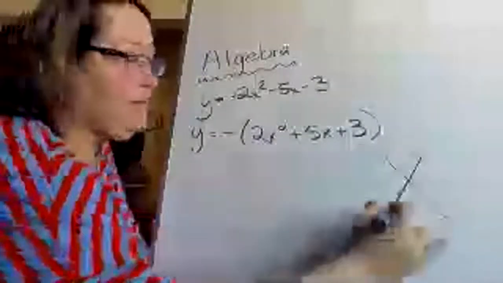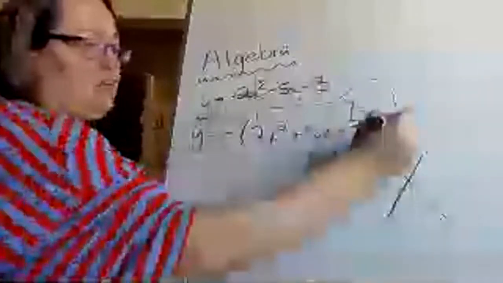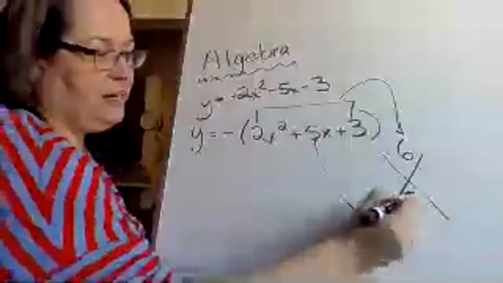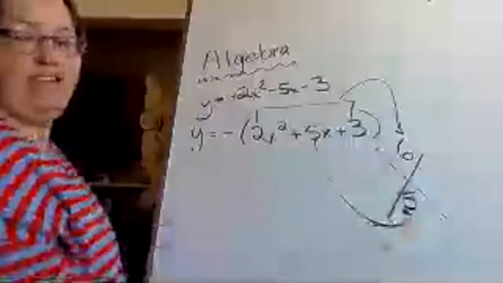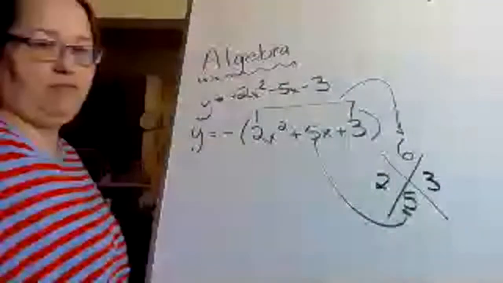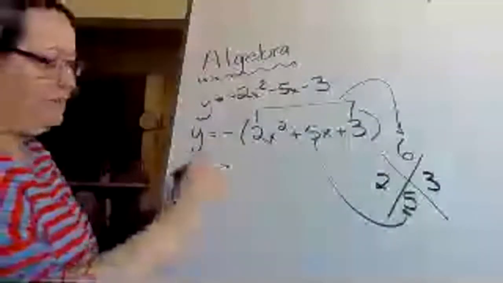If you're doing it the X method, you take these two and multiply them together, and that goes right here. And then you take the 5 and you put it right here. So what are the factors of 6 that add to 5? If you tell me 1 and 6, that's wrong. How about 2 and 3? So again, you have to leave that negative out front.